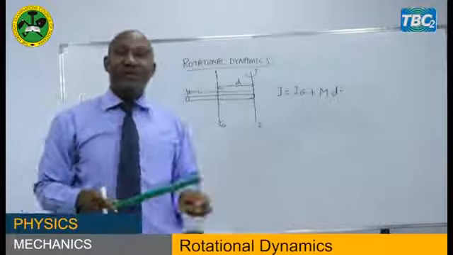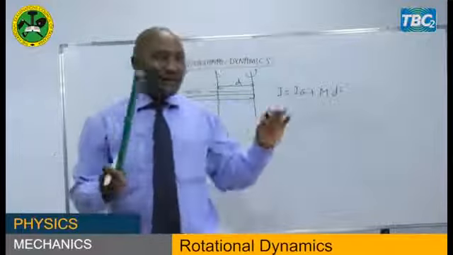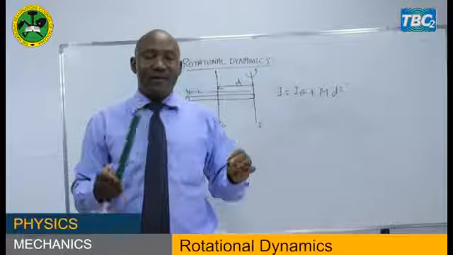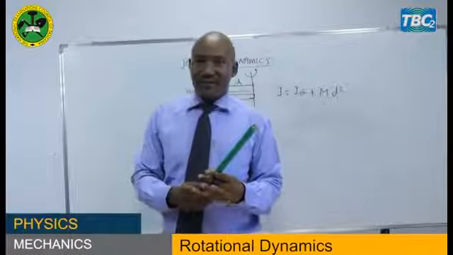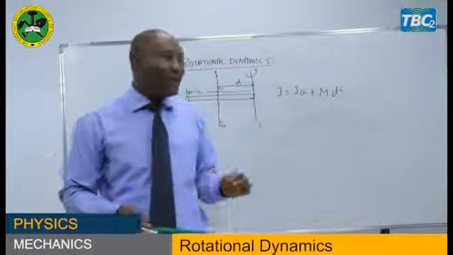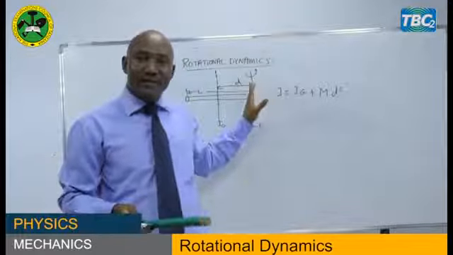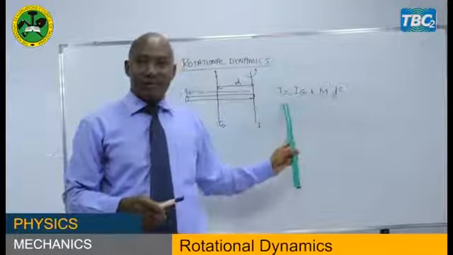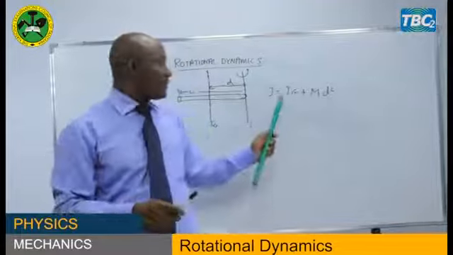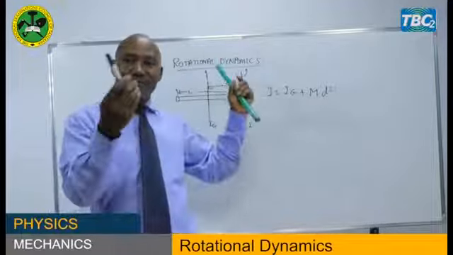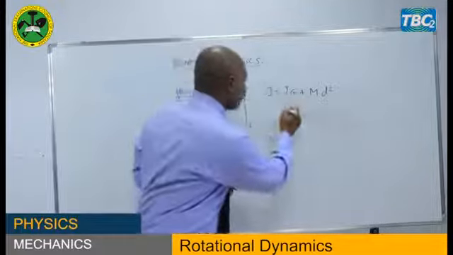So step number one, you should know whether the question is talking about the parallel axis theorem. How do you know? You look at the two axes. Are they parallel to each other? If they are parallel, one of the two axes should be passing through the center of mass. Then it's easier to find that. For example, the moment of inertia at the center of this, as we said before, is given.